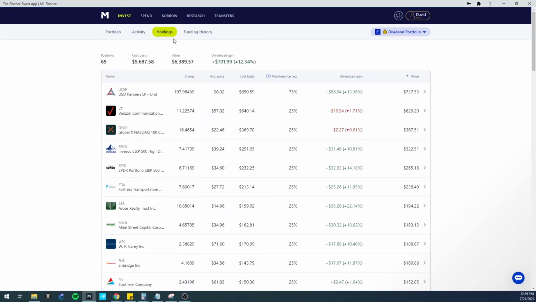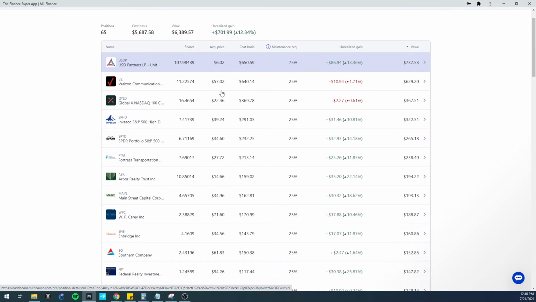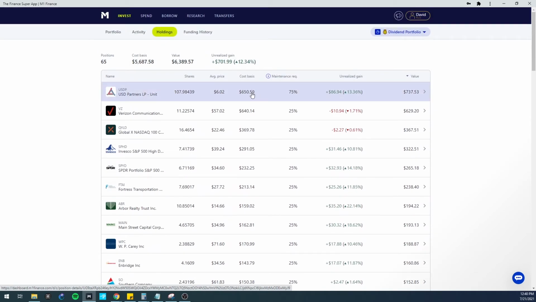One of your tabs, or I guess this would be a sub-tab, is holdings. This shows you how many shares of what company you have, the average price of each share, and the total cost basis. Your cost basis is your average price.